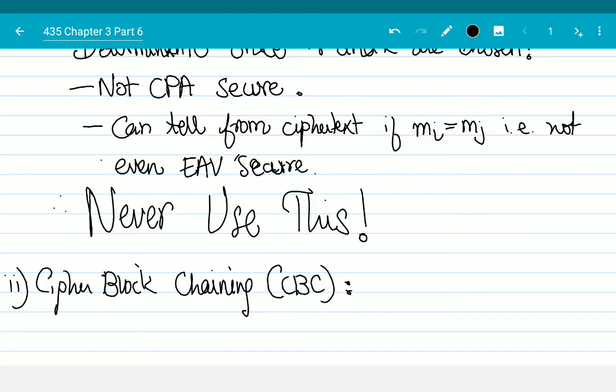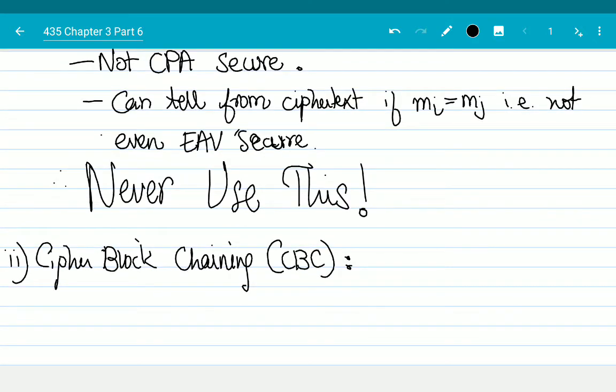So how do we do it in CBC mode? Well, suppose you are encrypting m1 to mt, where t is random.